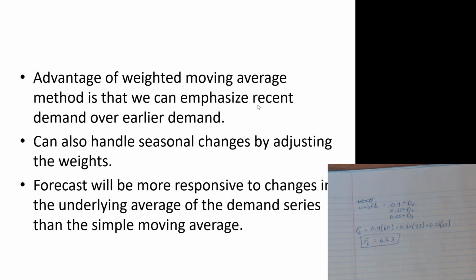We can look at seasonal elements. Maybe we're looking at things 4 months ago. Weight that a certain way, depending on the situation. So we can handle seasonal changes by adjusting the weights. And so the weights give us a lot of flexibility to tweak the model. We're taking a simple moving average and adjusting it to try to fit the trends we see in the data.